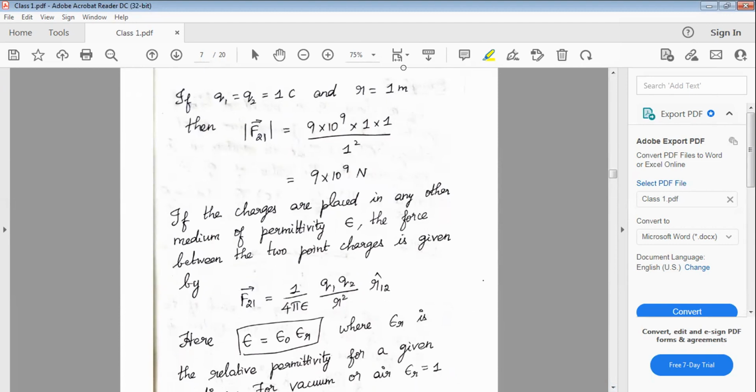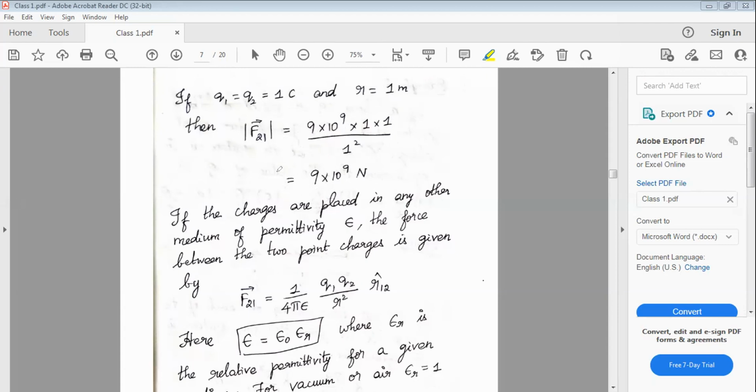So this is 9 into 10 power 9 Newton, and this is how you can define 1 Coulomb using this calculation. What is meant by 1 Coulomb? When placed at a distance of 1 meter from a similar charge, it will experience a force of 9 into 10 power 9 Newton. That is the meaning of 1 Coulomb.